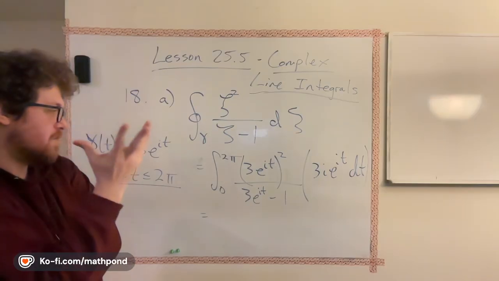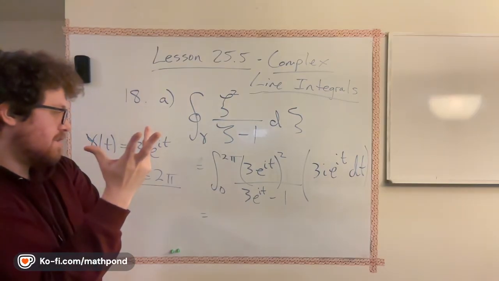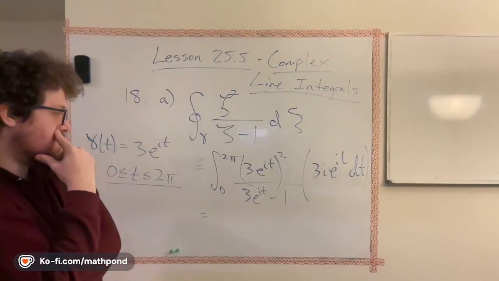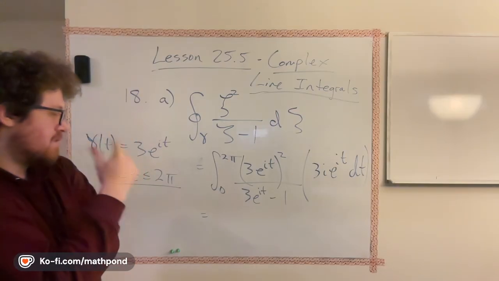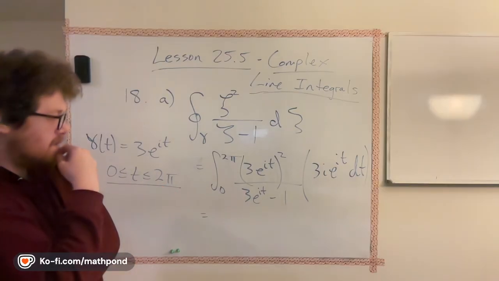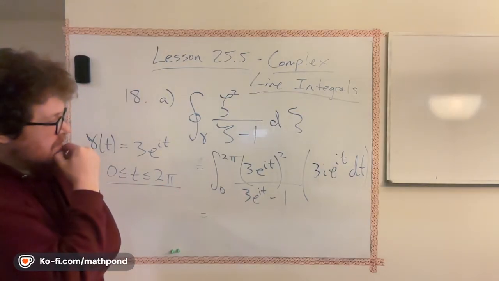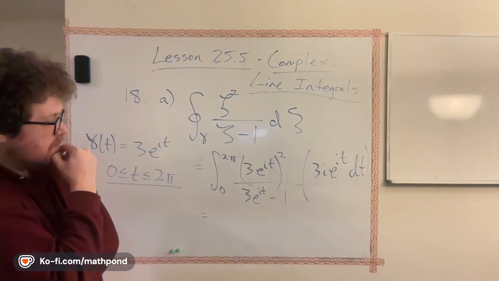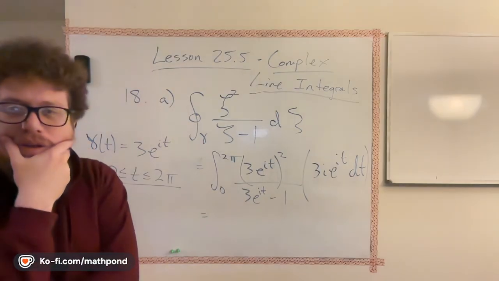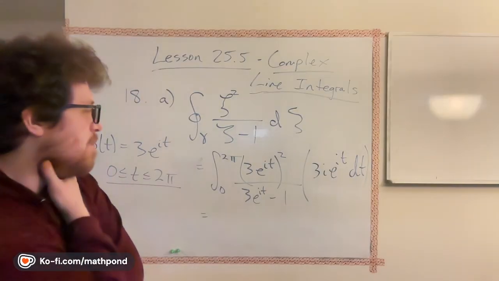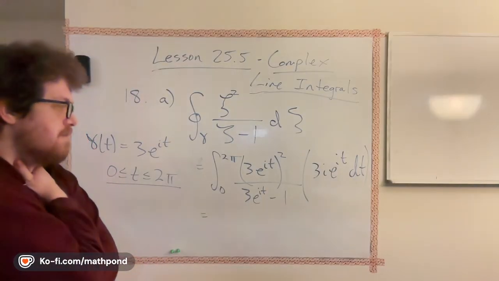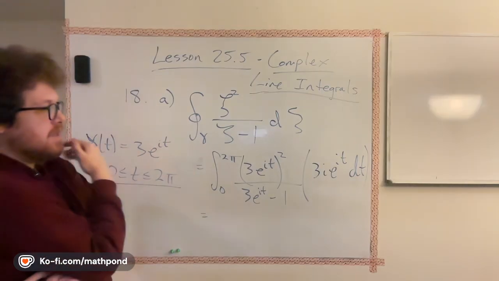Why am I so stuck on this? 2 pi I. Yeah, but how do we show it by definition here?